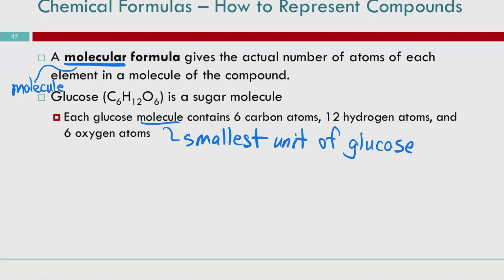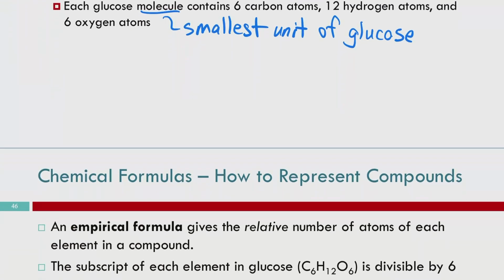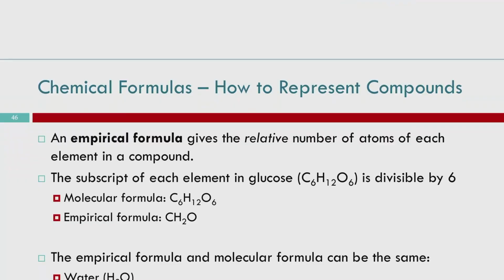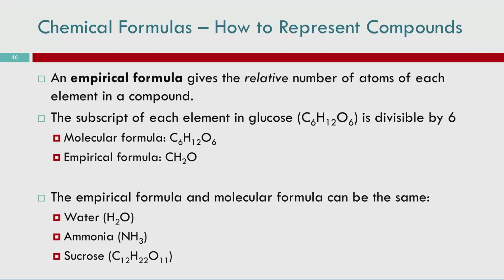There's another type of formula called an empirical formula. And an empirical formula gives the relative number, not the actual number, of atoms in a compound.